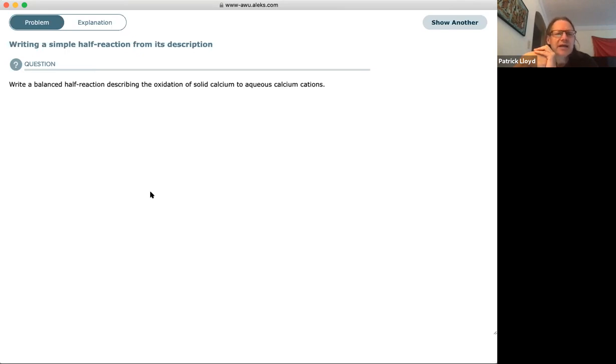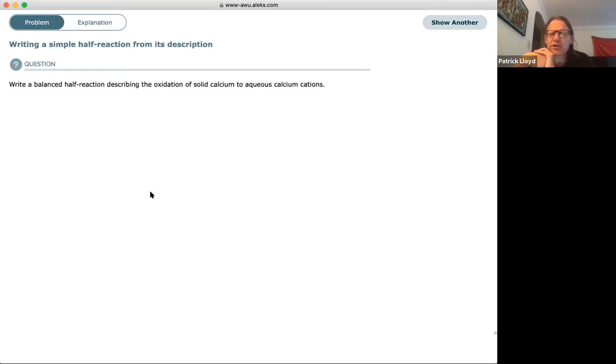So it says here, write a balanced half reaction describing the oxidation. Be careful. Oxidation is the loss of electrons. So if something gets oxidized, that means it loses electrons. If something is the oxidizing agent, that means it's gaining the electrons, because it's oxidizing the other reactant, okay? So here we're looking at the oxidation, the loss of electrons.